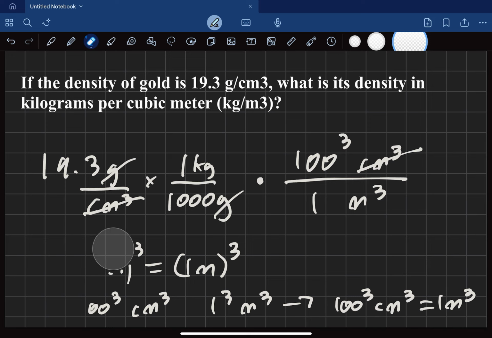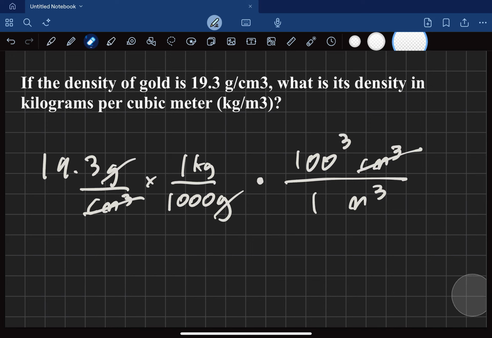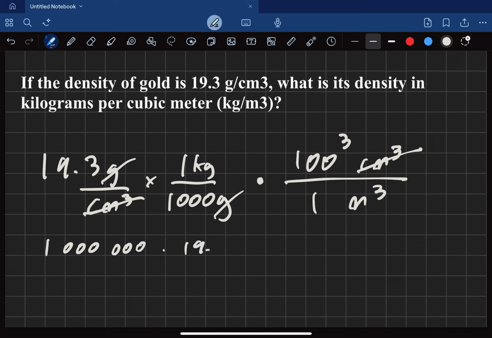And let's multiply this across. Well, 100 cubed is just equal to 1,000,000. So we'll have 1,000,000 times 19.3, which would just be 19.3 million, divided by 1,000. And if you remember, a million divided by 1,000 is 1,000.